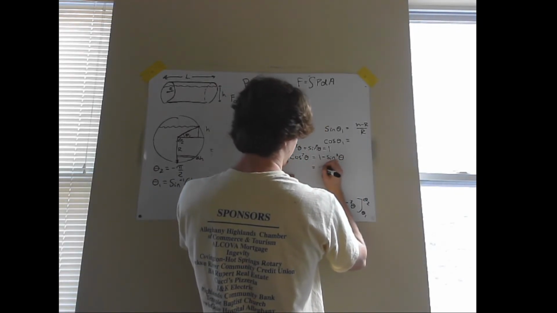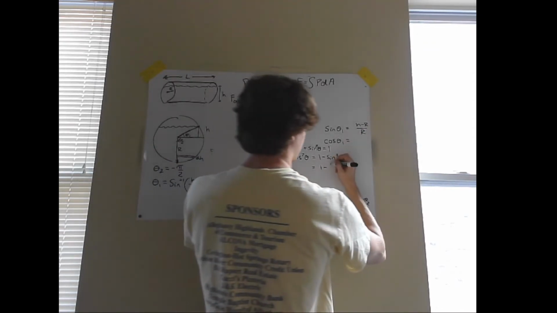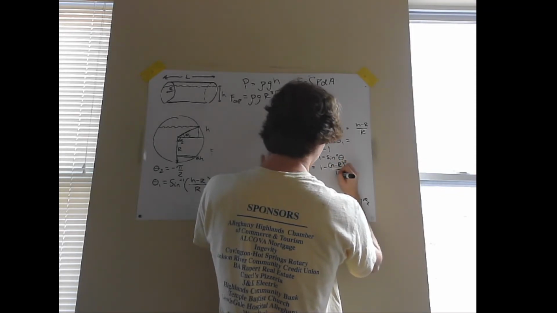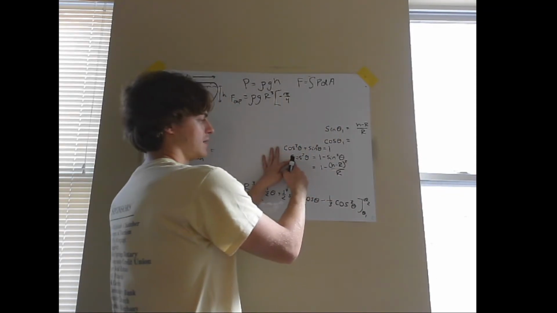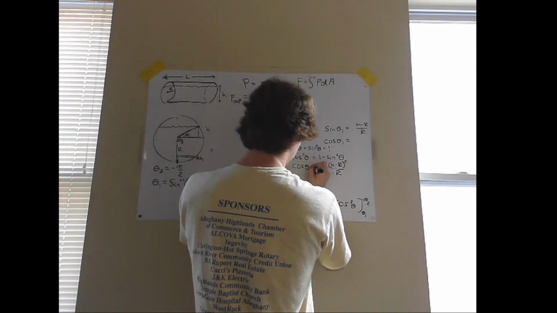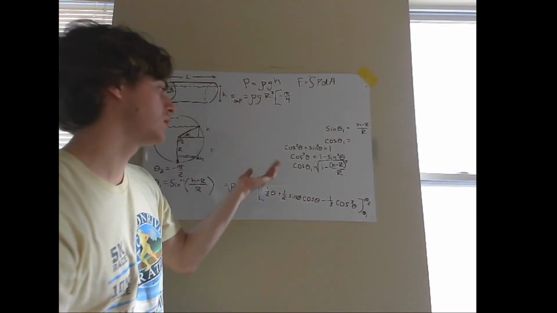And so we have 1 minus sine squared, which is h minus r squared over r squared. And then to get rid of the cosine squared, we just take the square root. So this is cosine theta1.